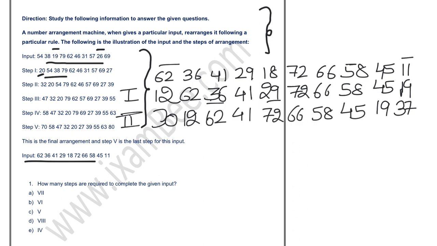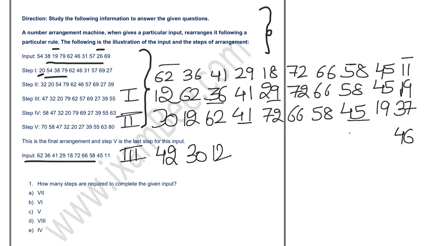Now you can perform the same operation in the third step also. The next numbers are 41 and 45. So 41 will become 42 and will come at the extreme left end and 45 will become 46 and it will come at the extreme right end and your 30 and 12 will get shifted over here.